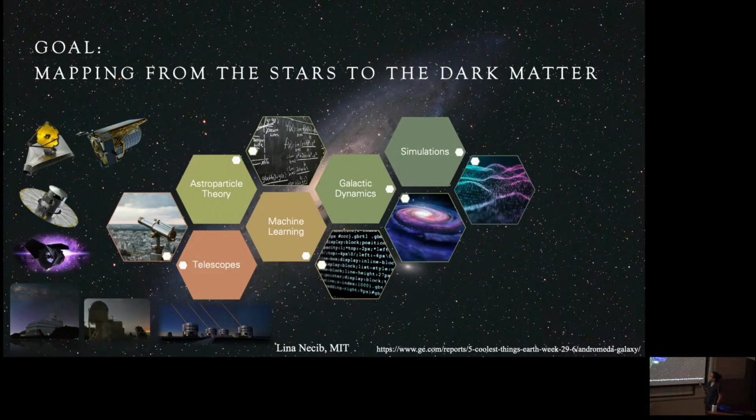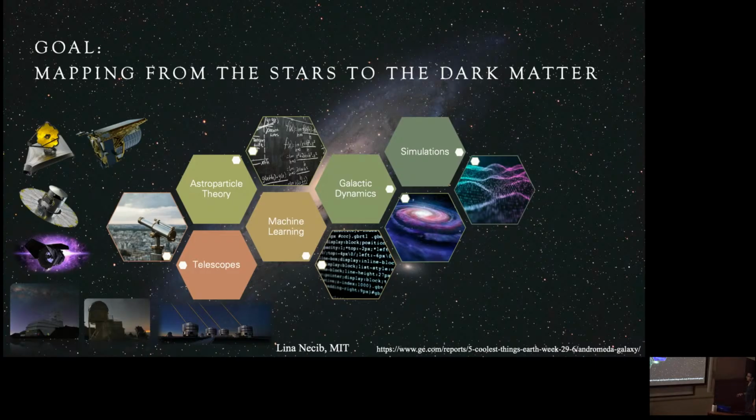So now what I use is a combination of astroparticle theory, that's what my PhD is about, but also data from telescopes, machine learning techniques, cosmological simulations, and galactic dynamics to really try to map out what dark matter is and try to have this big picture so that we can figure out what the particle nature of dark matter is at the end of the day, but with as many tools as we have available.